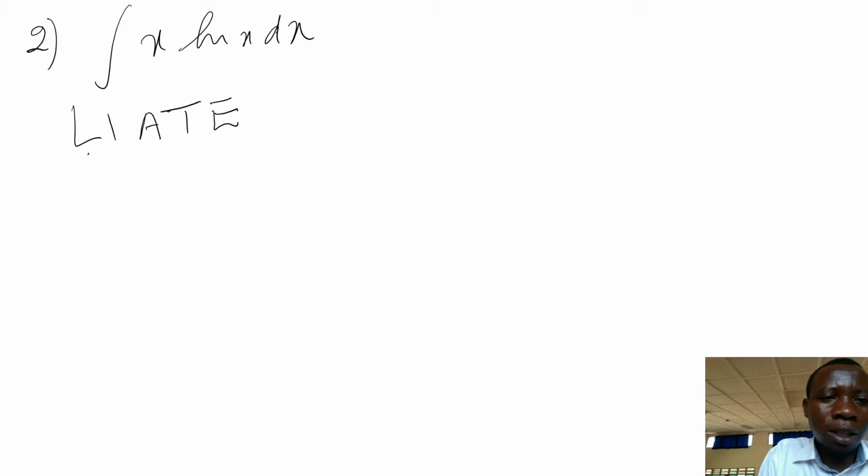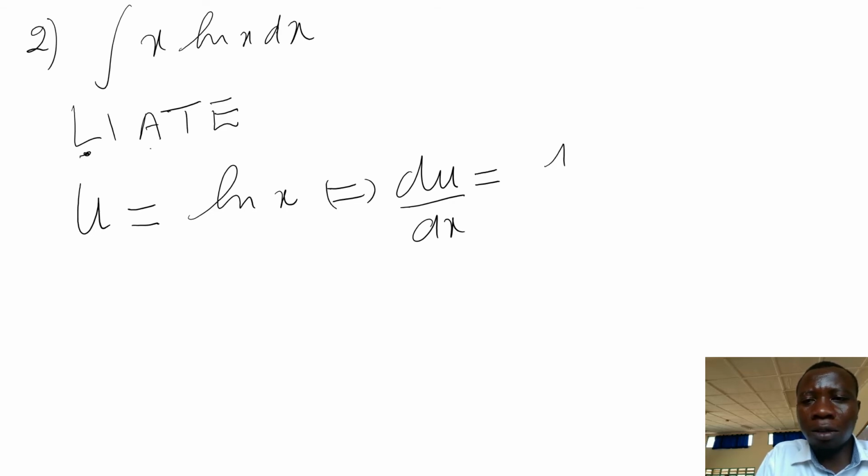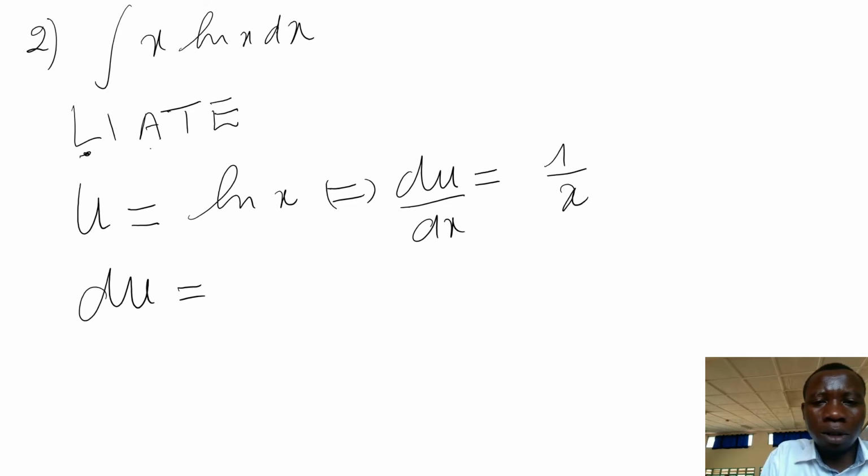So u is equal to ln x because L in this one comes before A. And from here, I differentiate: du over dx is equal to, remember that the derivative of ln x is equal to 1 over x. So du is equal to dx over x.